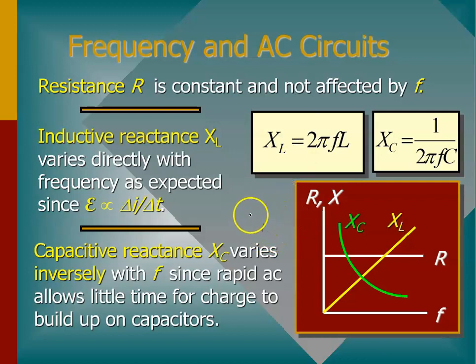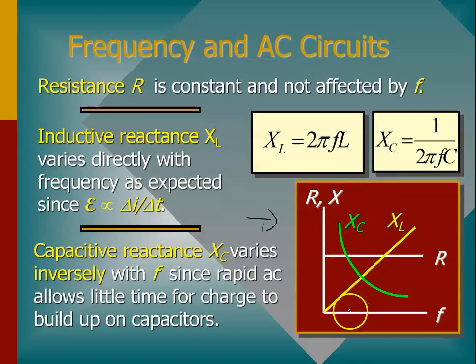So the graph will look like this one. Now it looks a little bit messy, but when you understand how to read this, you will have no problem to analyze any graph that involves resistance and frequency.